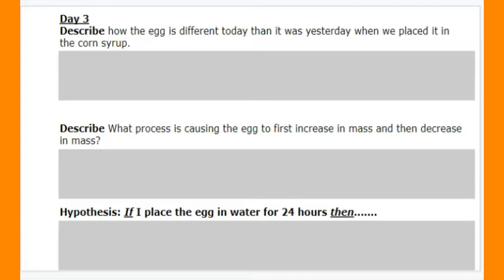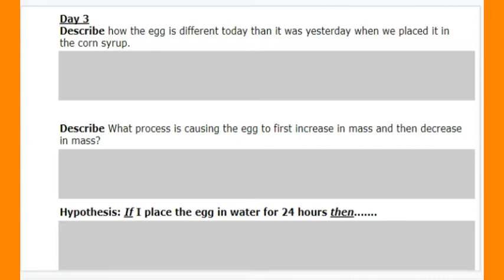So think about that. And then, what process is causing the egg to first increase in mass and then decrease in mass? Now, if you were listening when I talked about those two concepts in the background in the second paragraph at the beginning here when we started this, I went into that quite a bit. You should be able to tell me what the process is. Really, it's just one word I'm looking for there.